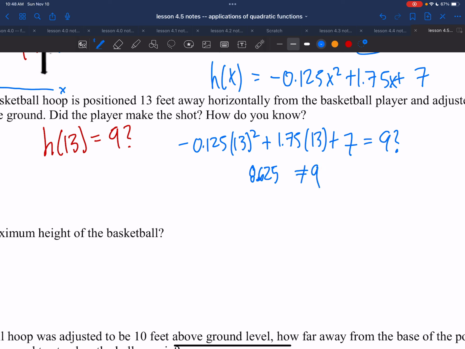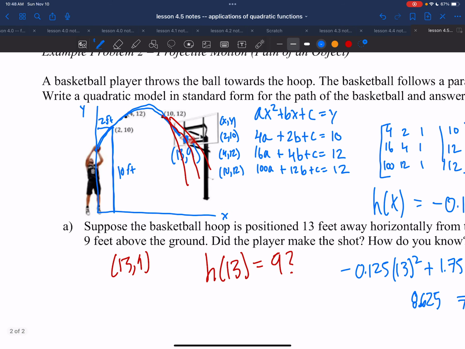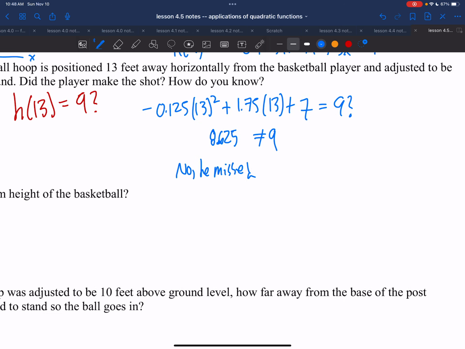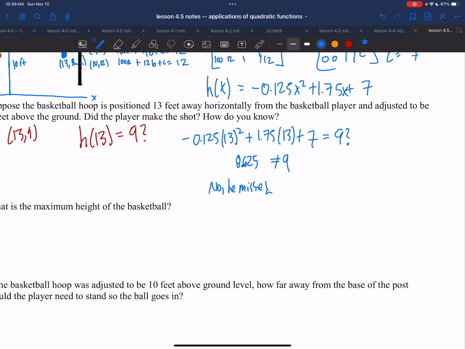Therefore, and if you think about it, that's lower than 9. So if you were to actually draw this parabola of the basketball, it would have missed the hoop. It would have been below (13, 9), because it's (13, 8.something). So no, he missed. We didn't get 9, and therefore it doesn't work.